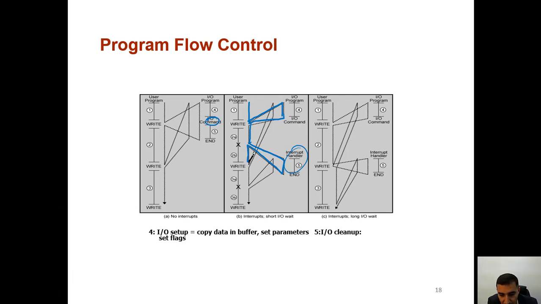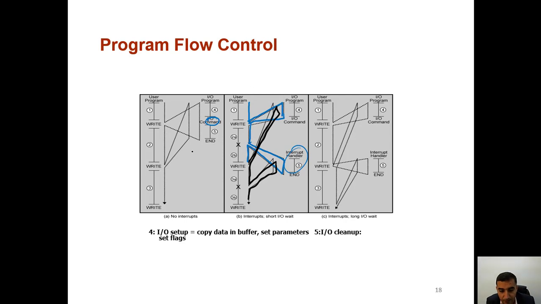As you can see, I do the first part of the writing, then I continue my program, and in the middle, once operation 5 is ready, I go and execute it. Over here I have to wait for all of them.